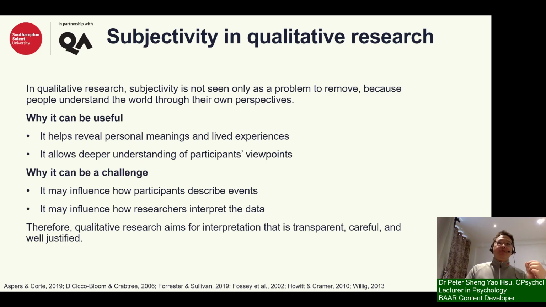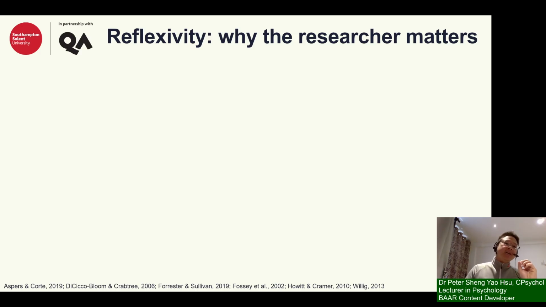That means researchers need to show how they reached their interpretation, support them with evidence from the data, and acknowledge how their own position may have influenced the research process. So this leads directly to the next concept, reflexivity.